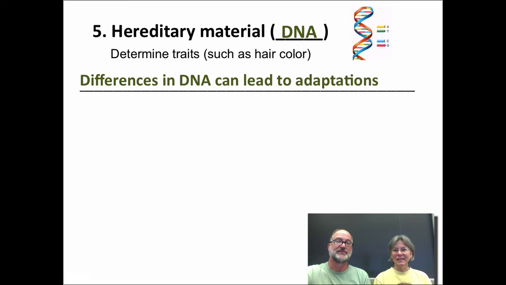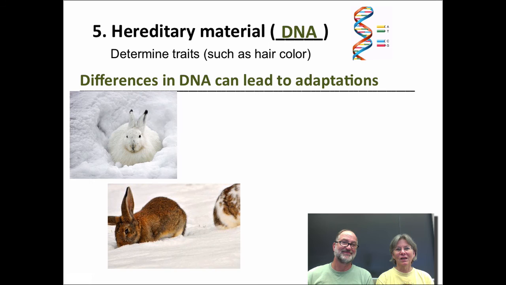Differences in DNA can lead to adaptations. Mr. Miller's DNA is different from mine. We have different traits, and the same is true for these bunnies. And one difference in their DNA has determined what their coat color is, their fur color. And this white rabbit blends in really well with the snow in the background, whereas this brown bunny does not.